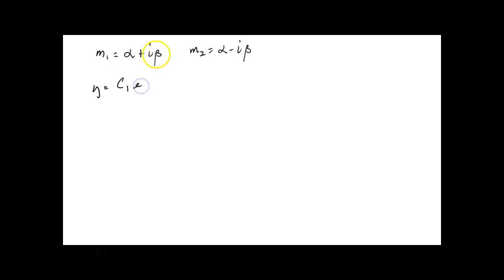C1 e to the (alpha plus i beta) x plus capital C2 e to the (alpha minus i beta) x. Just like we did before, m1, m2, right?